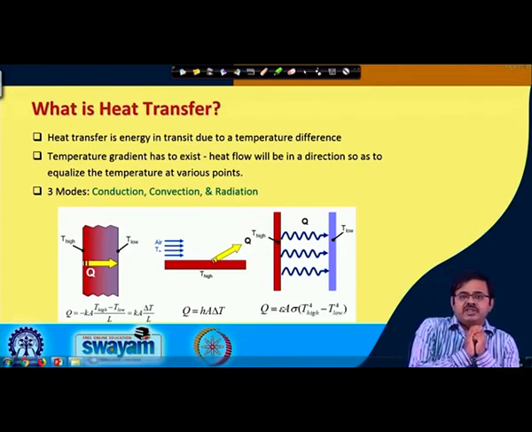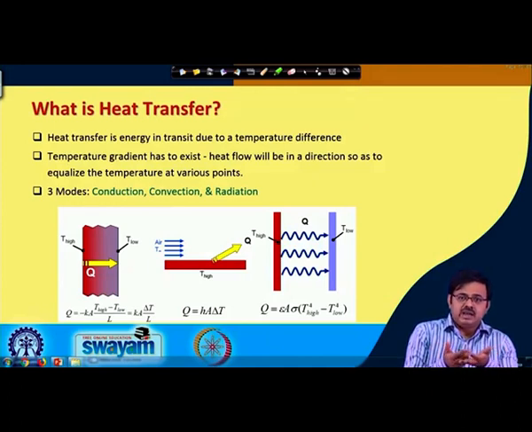And this heat transfer coefficient, unlike thermal conductivity, which is a material property, depends on a variety of parameters. It is going to depend on the properties of the fluid, whether it is air or water, and those properties include, we will see later, thermal conductivity, viscosity, density, specific heat.